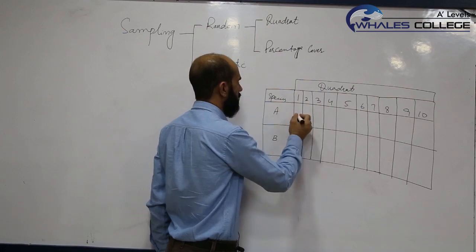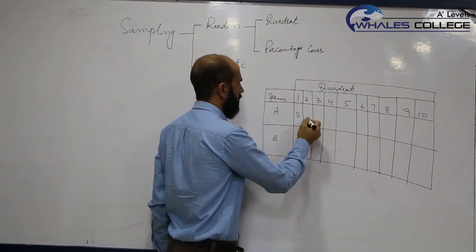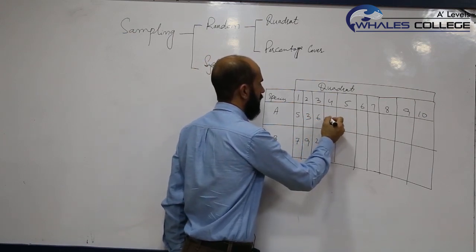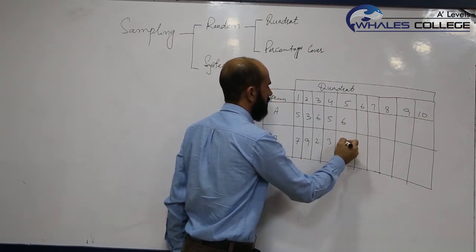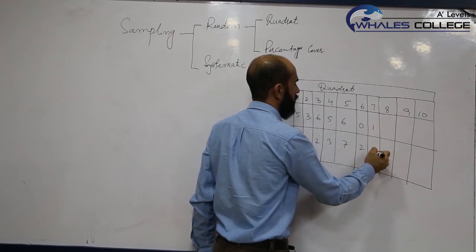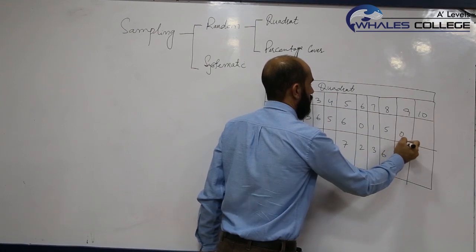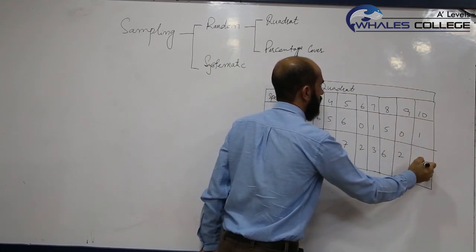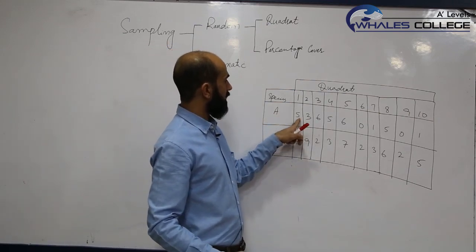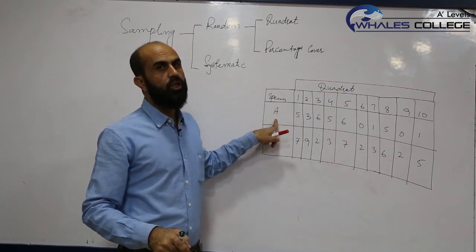So here species A were 5 and species B were 7, 3, 9, 6, 2, 5, 3, 6, 7, not 2, 1, 3, 5, 6, 0, 2, 1, and 5. Now these are the number of individuals of each species in each quadrate.